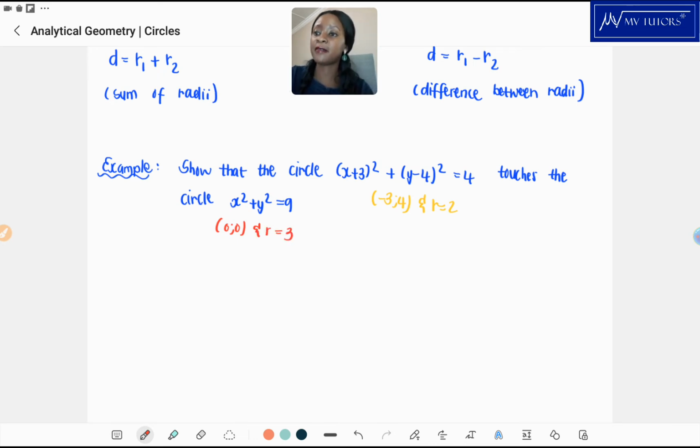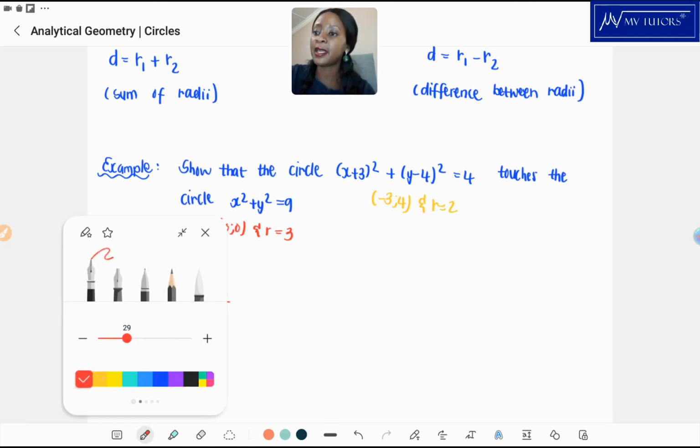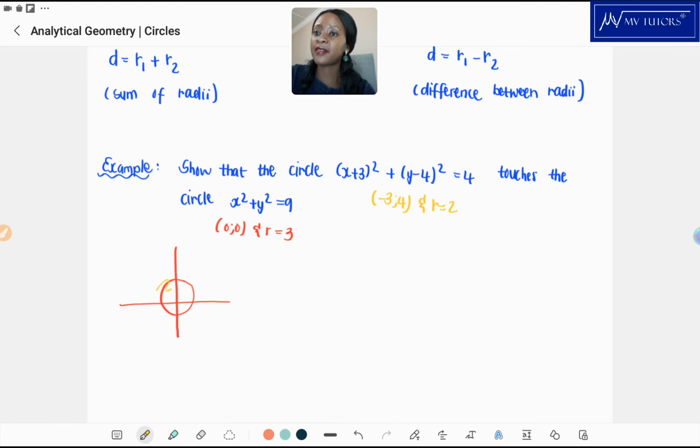So if I were to sketch it quickly, without wasting much time, this would be the first circle over here, and then the second circle has a center at minus 3 as well as 4. So maybe that's 3.